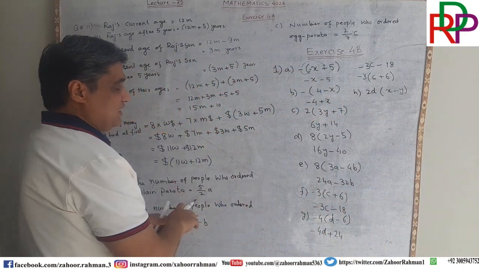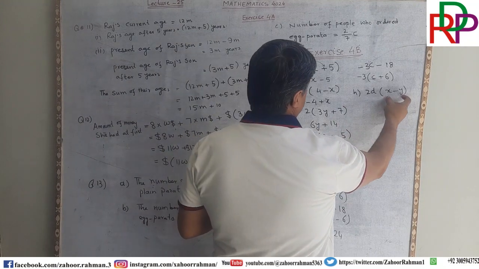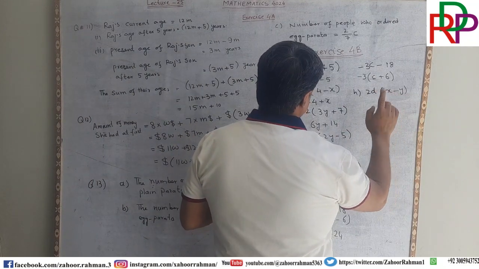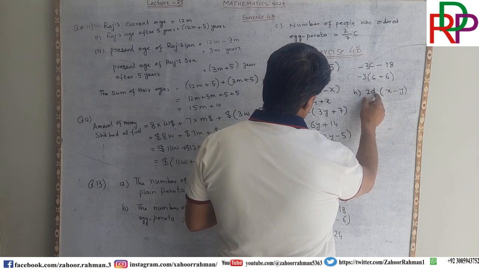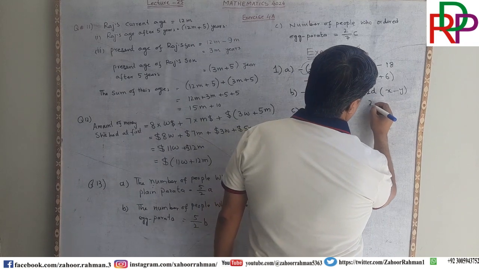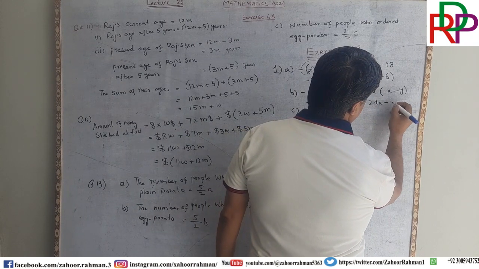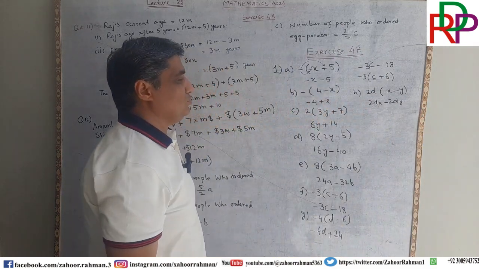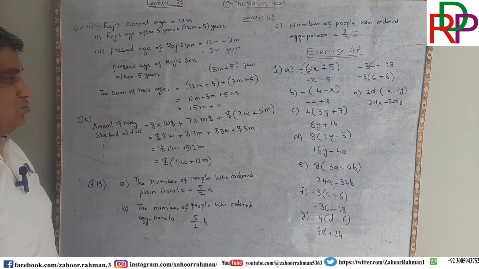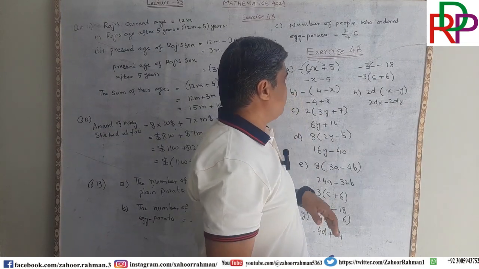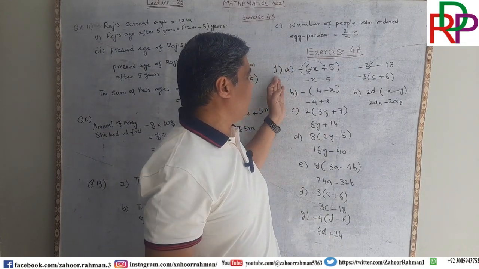When positive is multiplied with anything inside the brackets, that will not change the signs. But if it was negative, when negative is multiplied, it will change the sign. So 2dx minus 2dy. Ladies and gentlemen, that was the whole story about question number 1.